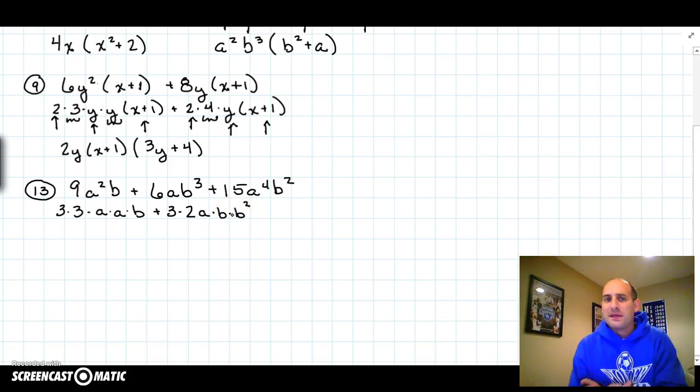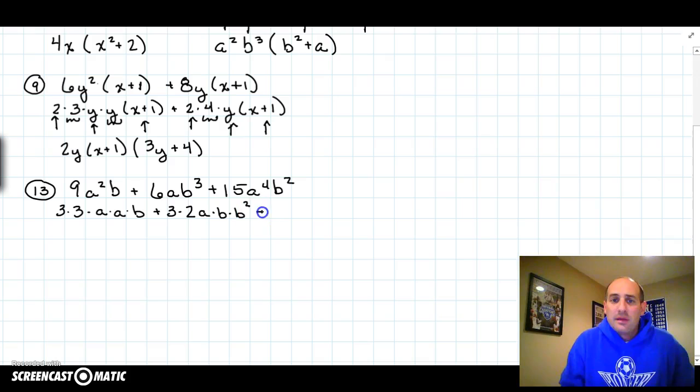Remember, I said right at the beginning that b to the first power is going to be my common factor, so I'm going to leave that b squared where it is. And then 15 is going to be 3 times 5, 3 being my common factor, times a times a cubed, that gives me my a to the 4th, but separated. And b, oh, I put a plus sign and that's a no-no here, so let me erase that. That's supposed to be b times b.